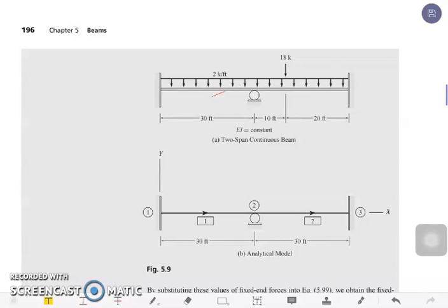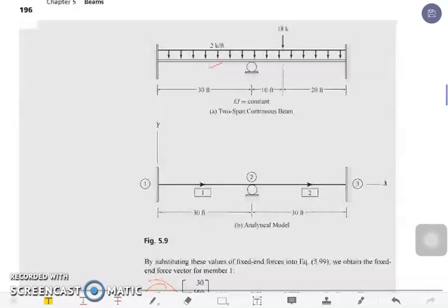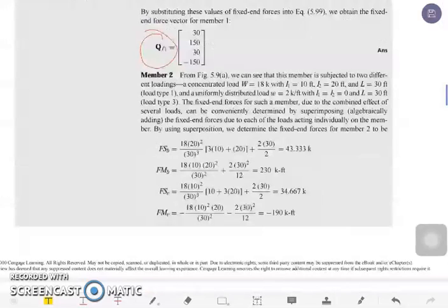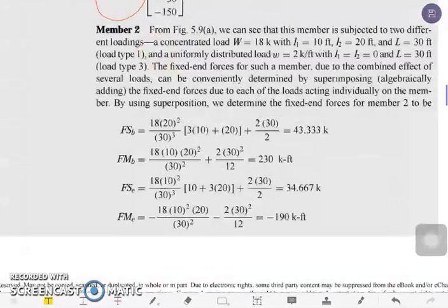The formula will be the formula for the concentrated load that we have presented a while ago, and the formula for uniform loading that we have used to solve for the shear forces and the moment forces for member 1. These are now the values for our shear forces and moment forces at the beginning of the member and at the end of the member.